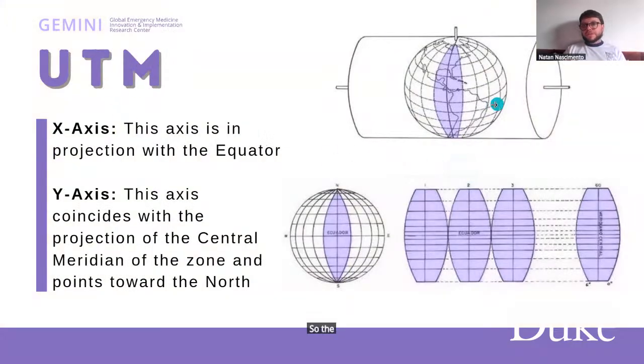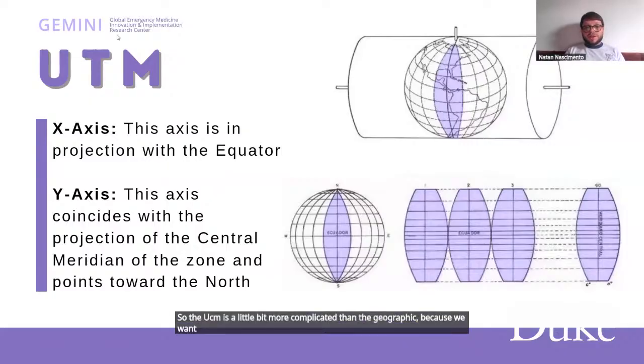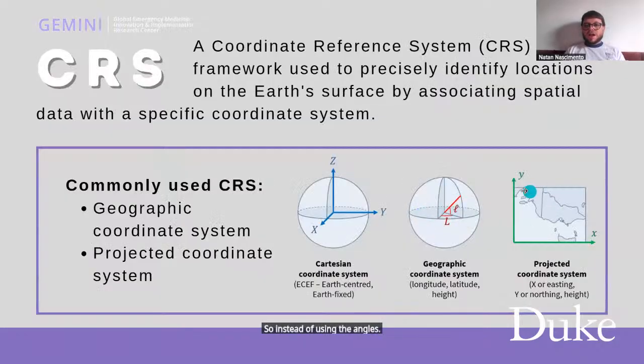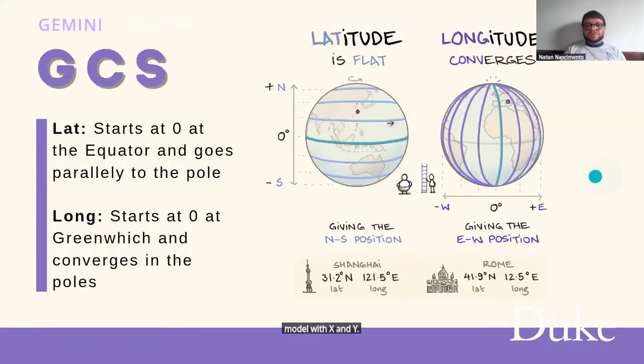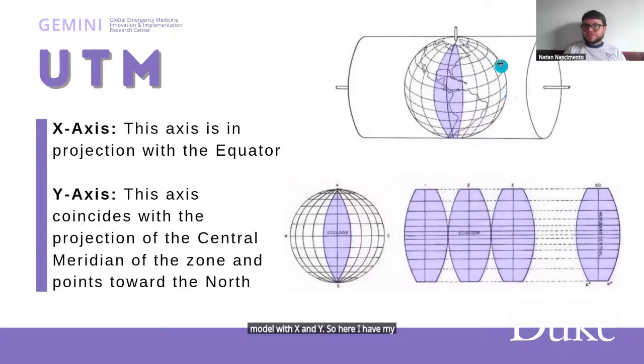The UTM is a little bit more complicated than the geographic because we want to create a flat surface. So instead of using the angles, I'm taking a part of the sphere, flattening it, and then pinpointing it in a Cartesian model with X and Y. So here I have my sphere and the paper that wraps it, and the paper that wraps it is touching perfectly here.